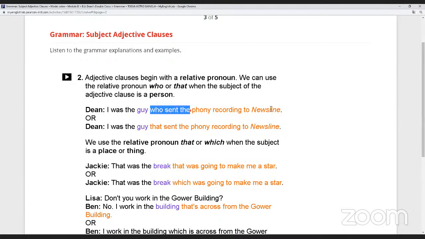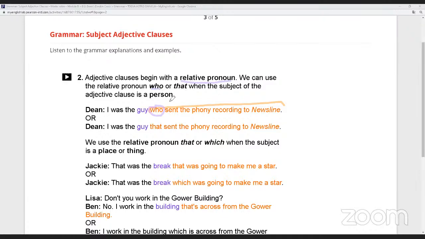Okay, let's start with the adjective clause. Esta oración completa, este segundo clause, se llama adjective clause. Dentro de esta oración, inside of this sentence, this adjective clause, we're gonna find the relative pronoun. And let's start with the first relative pronoun. It is who.